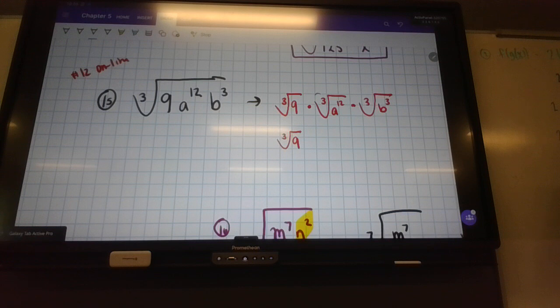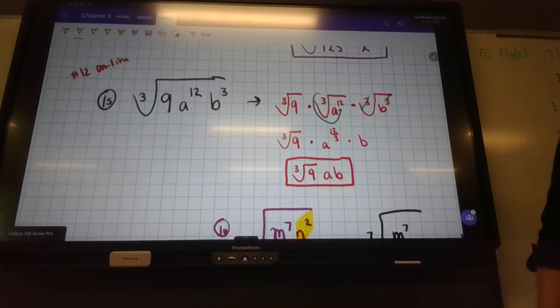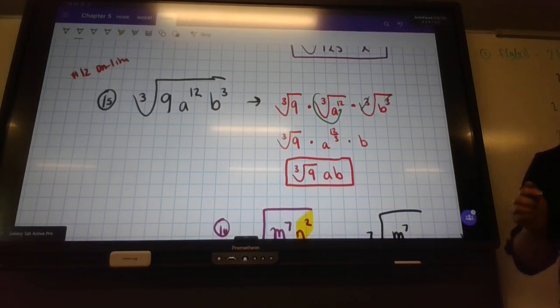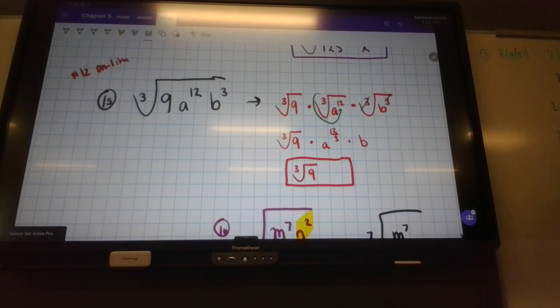For the a, I'm going to make it 12 over 3, looking at it in exponent form. And for the b, the index and the exponent cancel. So I have the cube root of 9 times a to the 4th times b. I think you could put the a to the 4th b first online and it'll still be marked right.